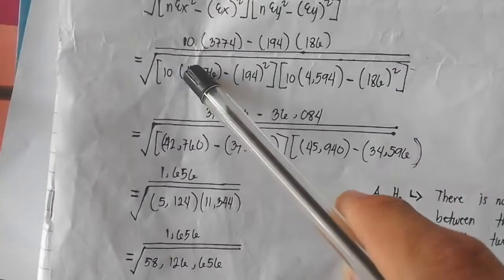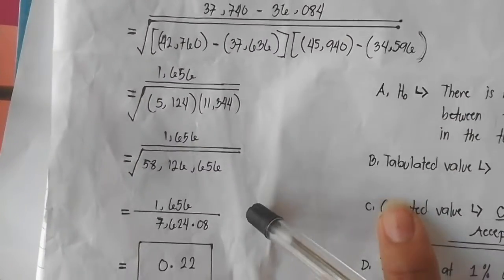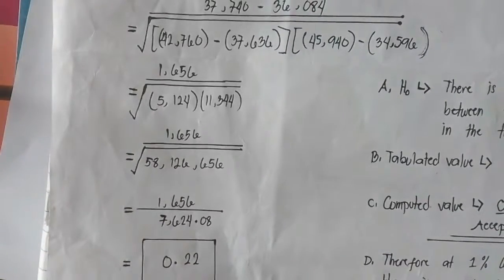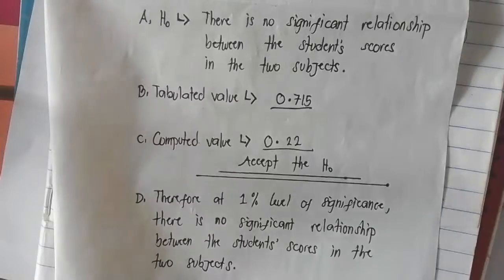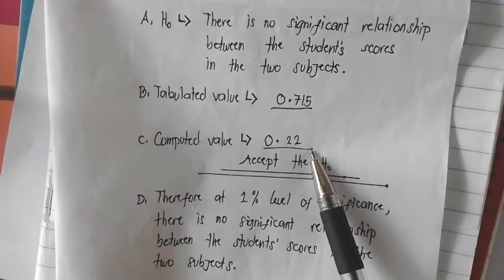Then next, substitute. Then we get the answer 0.22. So our computed value of R is 0.22.